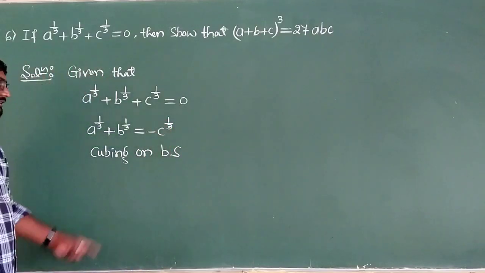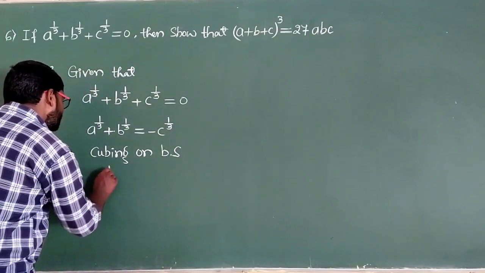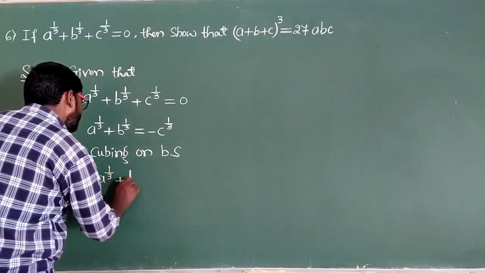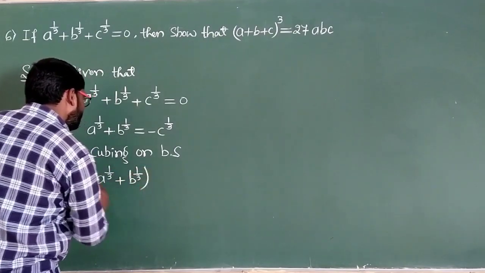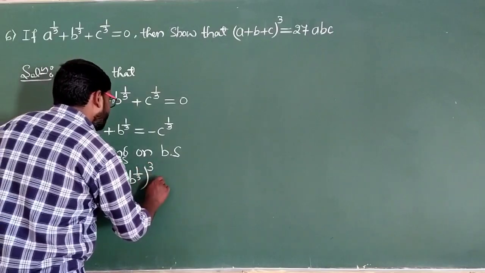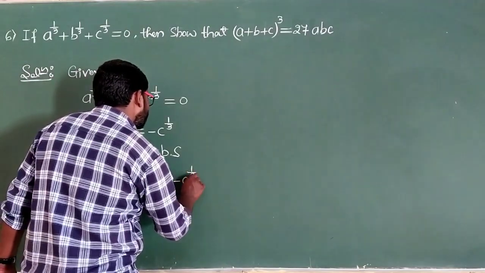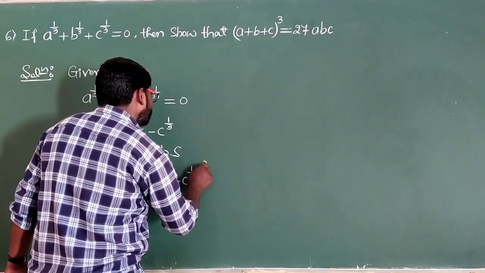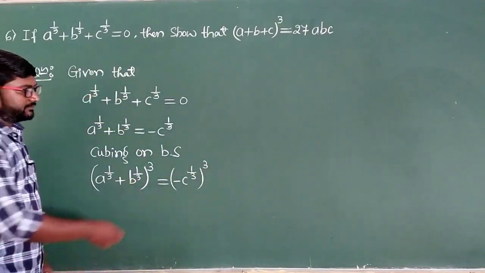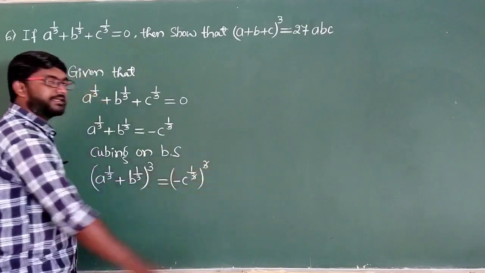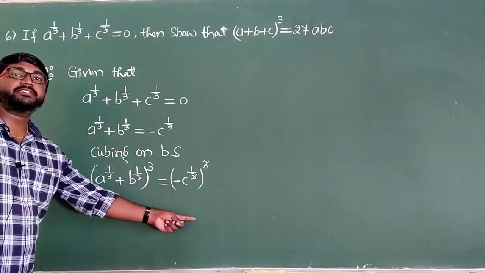So what do we get here? a raised to 1 by 3 plus b to the power 1 by 3 whole to the power 3 equals minus c raised to 1 by 3 whole to the power 3. Here 3 and this 3 get cancelled. We have only minus c.